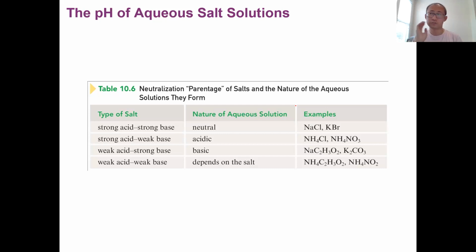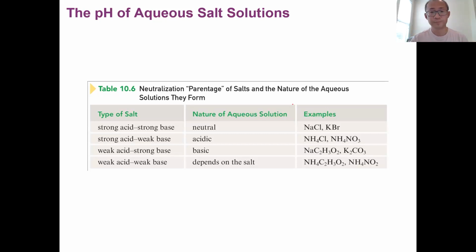Because some salts, when dissolved in water, may change the pH of water. They may make the pH more acidic or more basic, or remain neutral for water. So knowing the parent acid or base can help us to give a very straightforward way of determining the pH or the acidity/basicity of a salt solution.